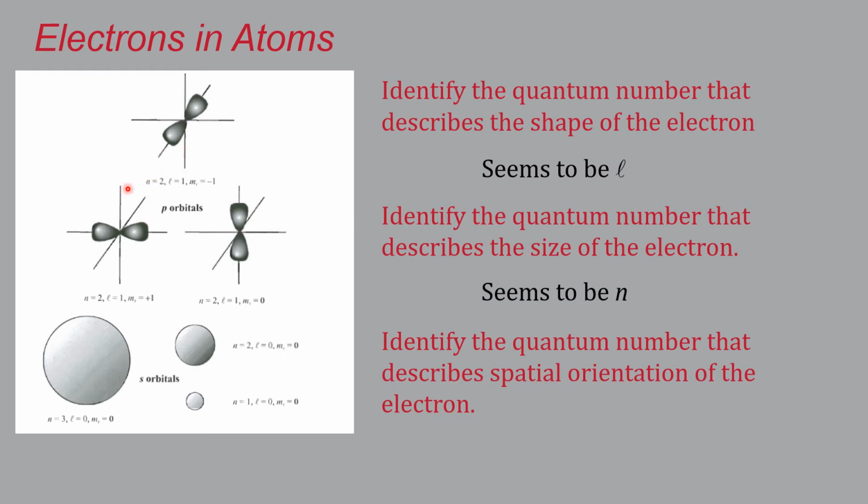And for these three, n is the same, L is the same, but m sub L is different: -1, +1, and 0. And that would lead me to believe that m sub L will tell you the spatial orientation of a particular electron. All right. So these are just some of the things that just knowing a quantum number about an electron can tell you: how big a volume of space it is occupying and what the shape of that volume of space happens to be.